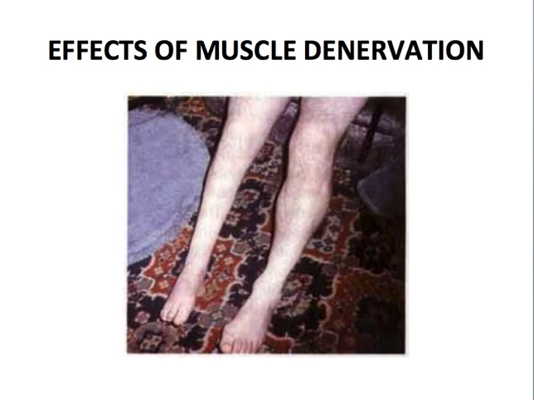Similarly, lack of nutrition and lack of hormonal stimulation are also included in the causes of atrophy, among other causes such as muscle denervation, because in this case the muscle no longer receives contractile signals.